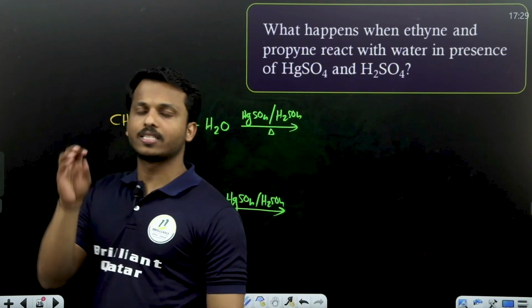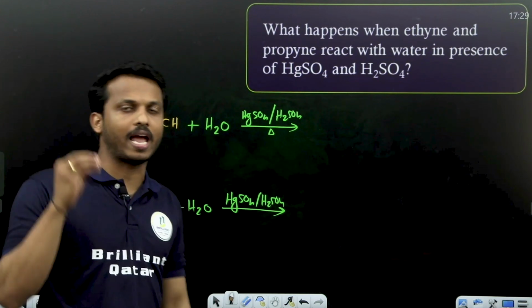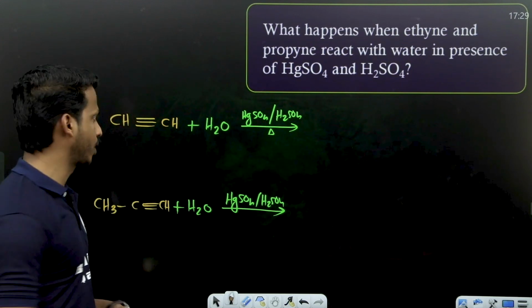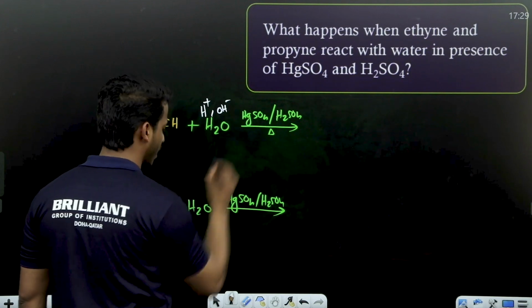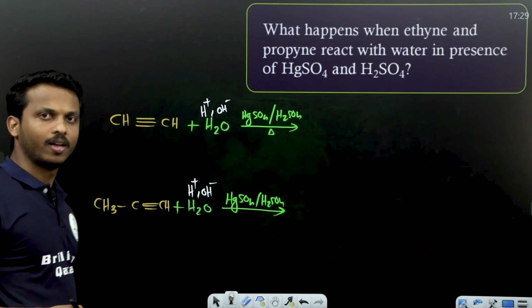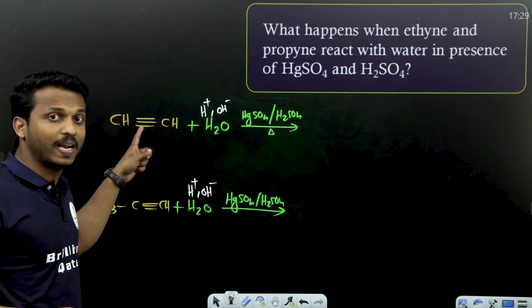When alkynes react with water in the presence of mercuric sulfate and H2SO4, basically it follows an addition reaction. H2O contains H plus and OH minus, right? Can you say whether this alkyne is symmetrical or unsymmetrical?